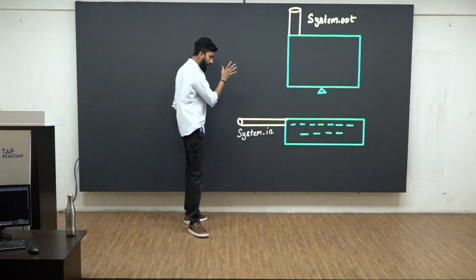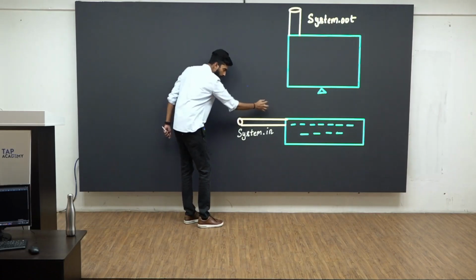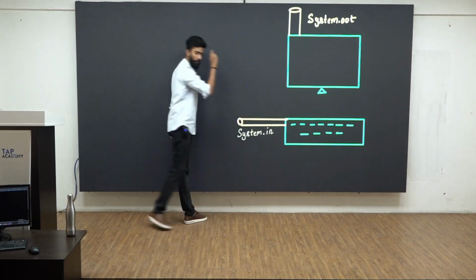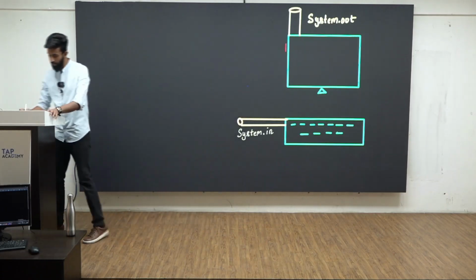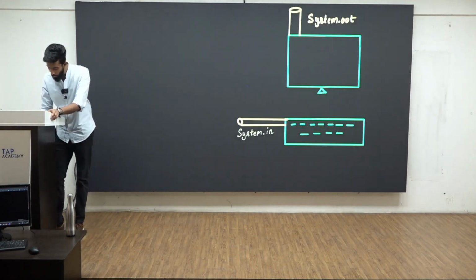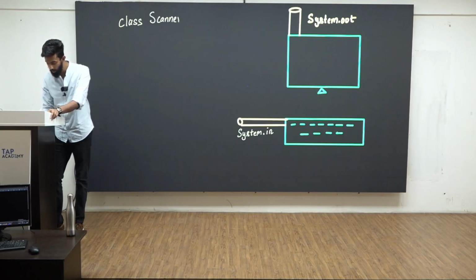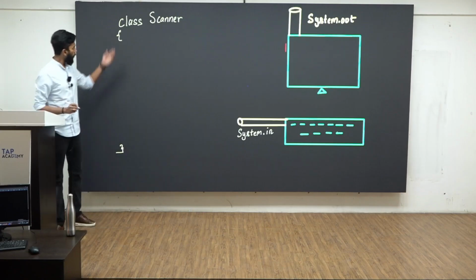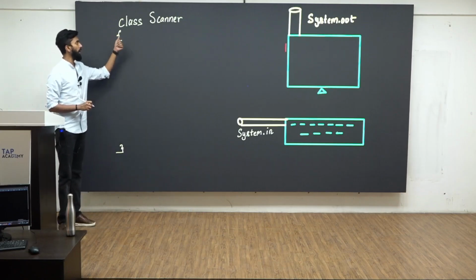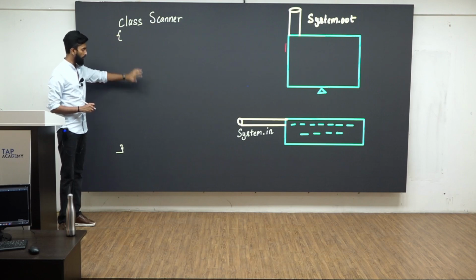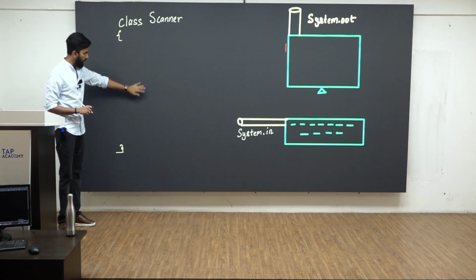So, to correctly capture specific input, James Gosling created one class for you. He called this class the Scanner class. He created a class. What will be there inside a class? There will be variables, methods, properties, behaviors.